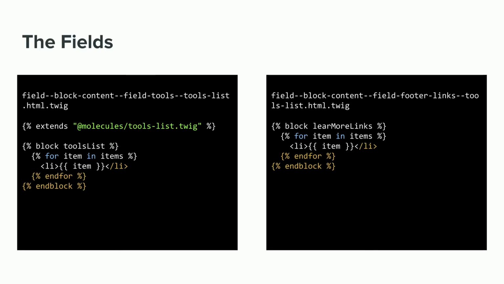And there is. Similarly, the way that the molecules were structured, the fields are now extending those original molecules that we looked at that the organism was ingesting. So where we're using molecules in Twig, we're now correlating those to fields in Drupal. So we have field templates that do the same thing: field content tools, field list, and field content tools, field learn more.